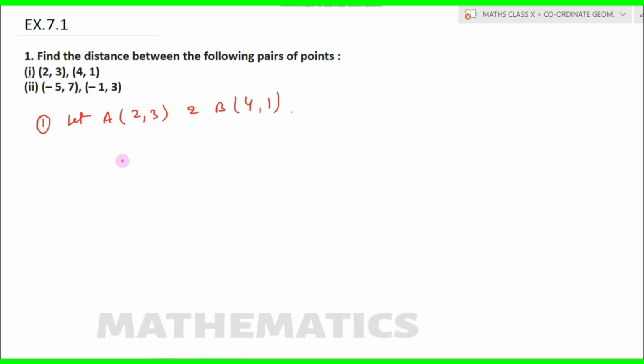Using the distance formula, here you see the value of x1 is 2 and y1 is 3, x2 is 4 and y2 is 1.